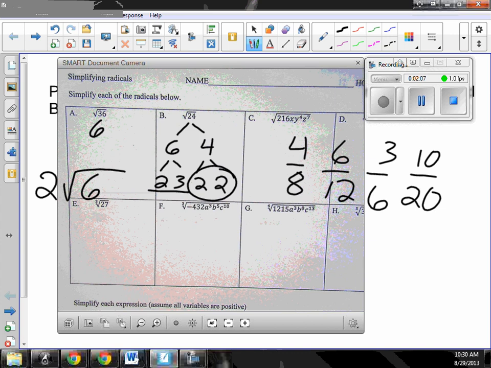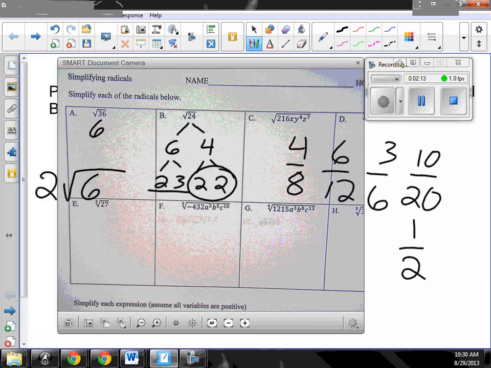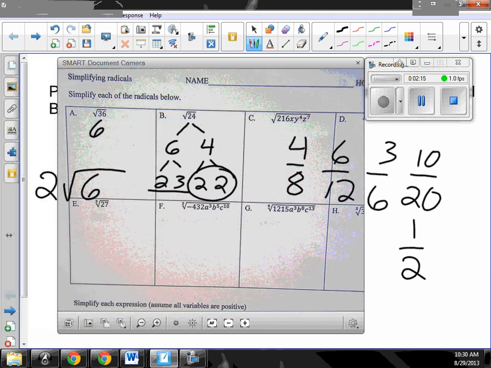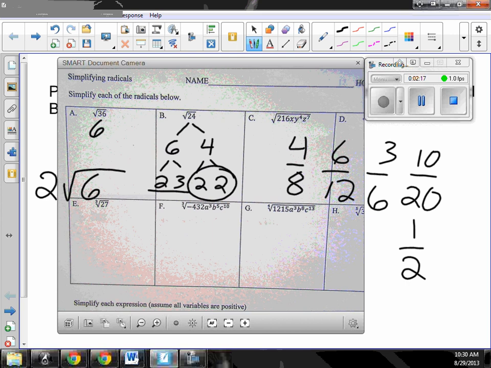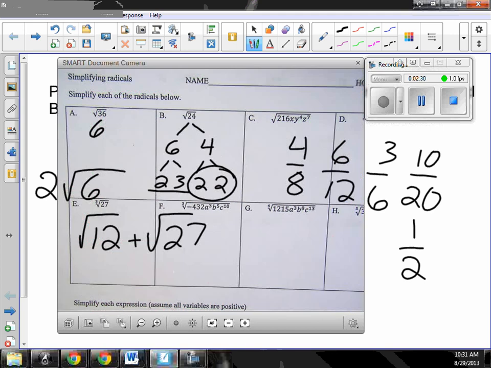Which answer do we prefer? 1/2. Well, the same thing can happen with radicals. Often there are many ways to write a radical. And just to make sure that everybody writes it in the same way, we do this simplification. That's one reason.